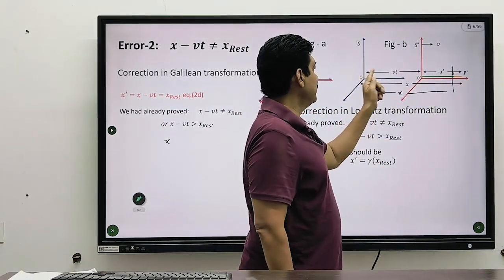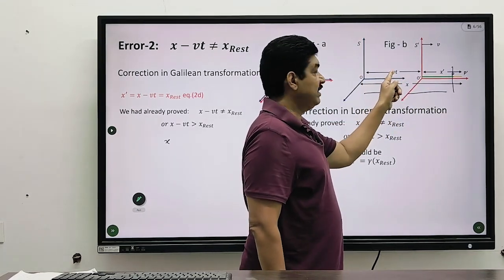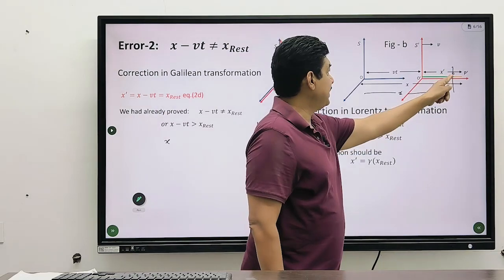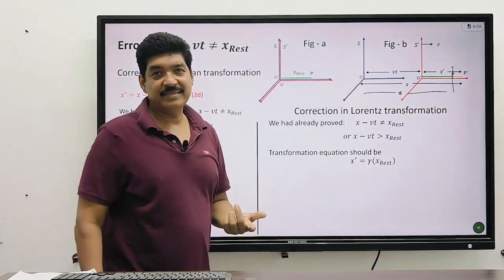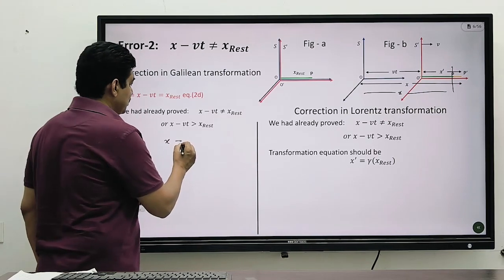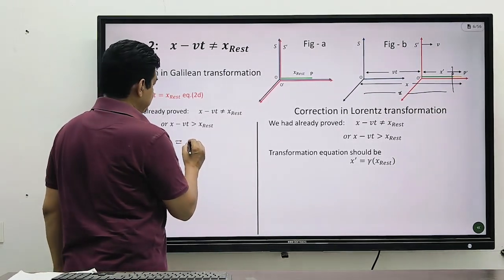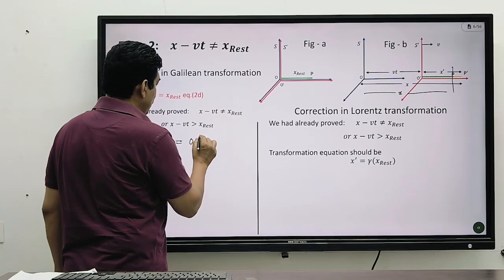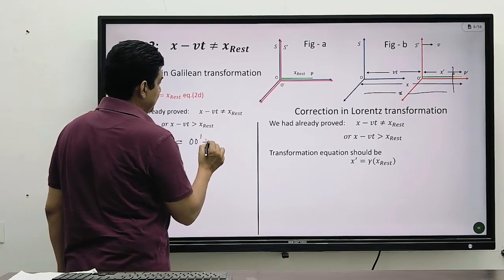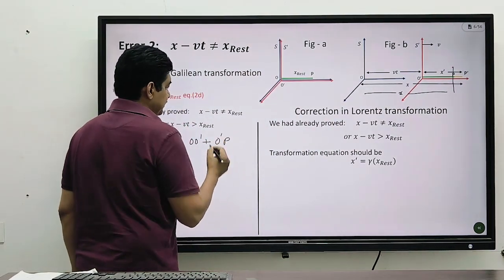the value of O prime and OP. O prime is Vt you are getting, and O prime P is the x rest. So you have to use x is equal to O prime plus O prime P. That's it.